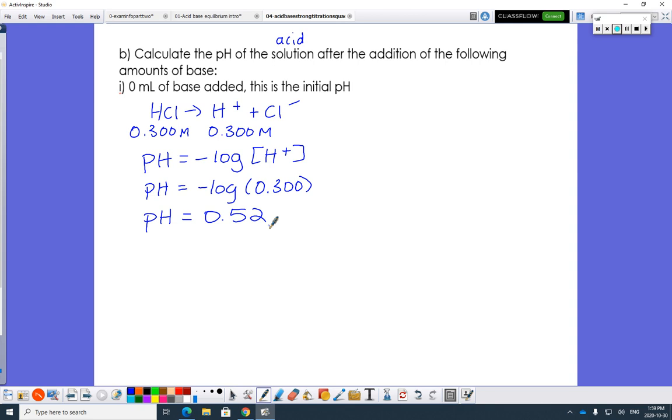So if we have 20 and we add 10, what's the new volume? 30, right? So yes, it's impacted by the proton transfer, but it's also impacted because you're adding more water, which is going to make it less concentrated as well. So we have to take that all into consideration, okay?